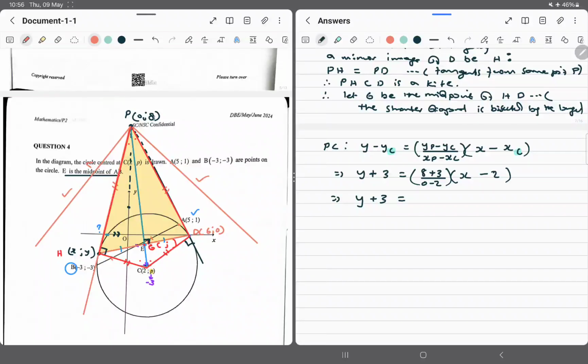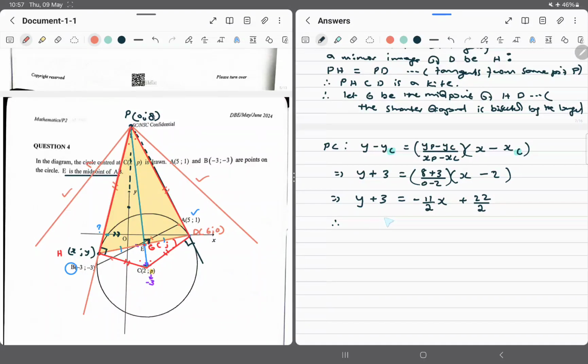So this is basically minus 11 over 2 x plus. Now this is going to be 11 times 2, which is 22 over 2. Okay, so this is what we have.